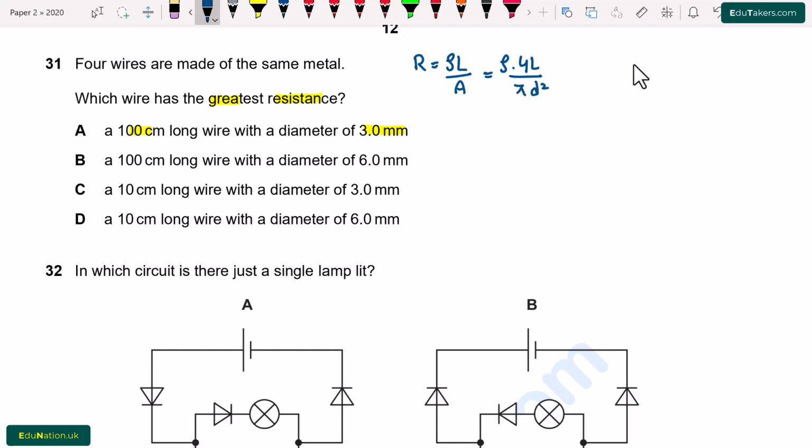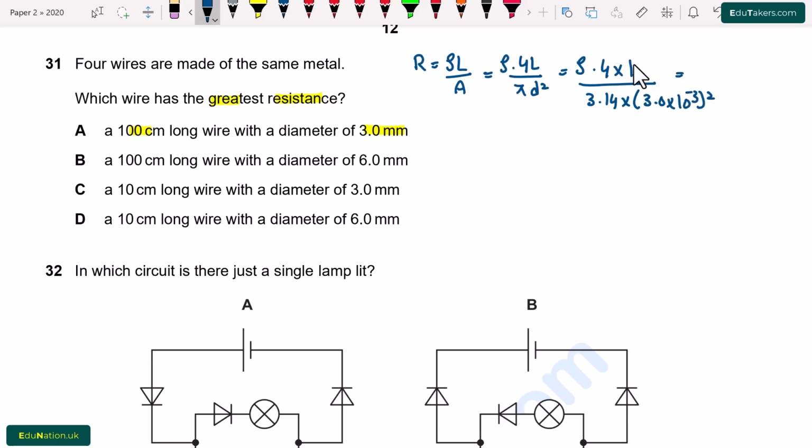Now here I put the values for option A. So it will be 4 multiplied by length, which is 100 centimeter, equal to 1 meter, divided by 3.14 multiplied by (3.0 × 10^-3) square.